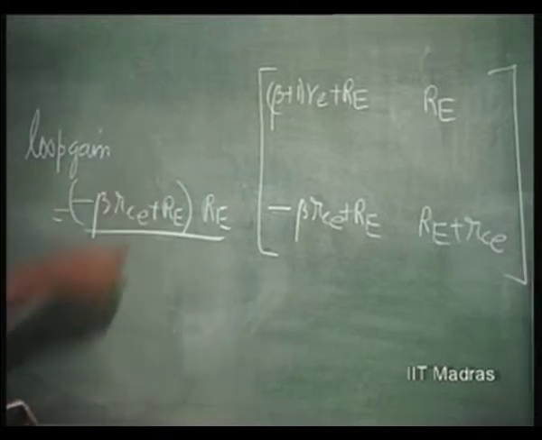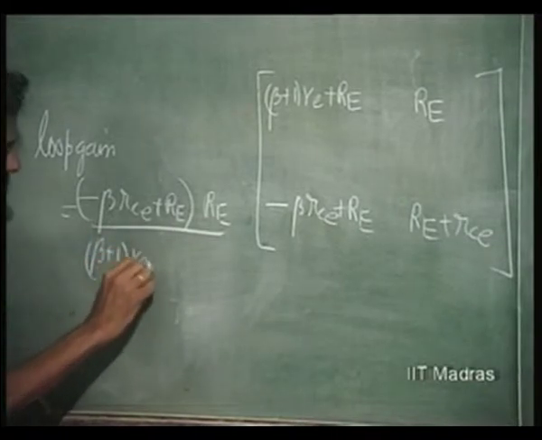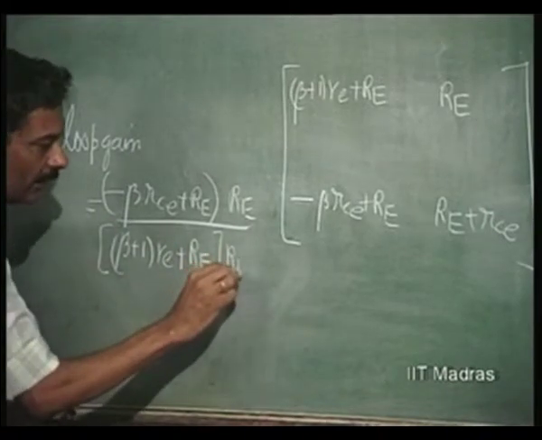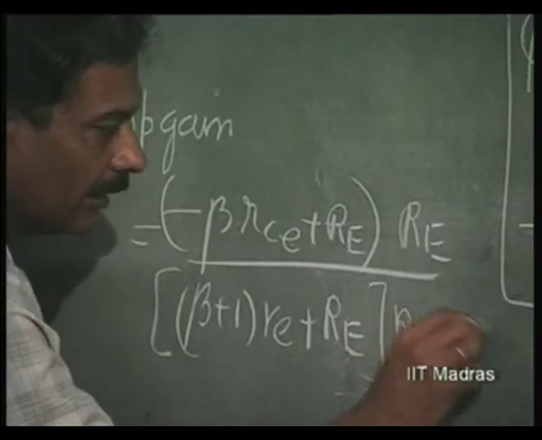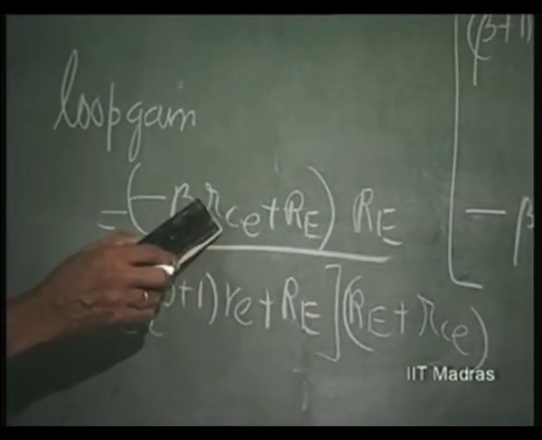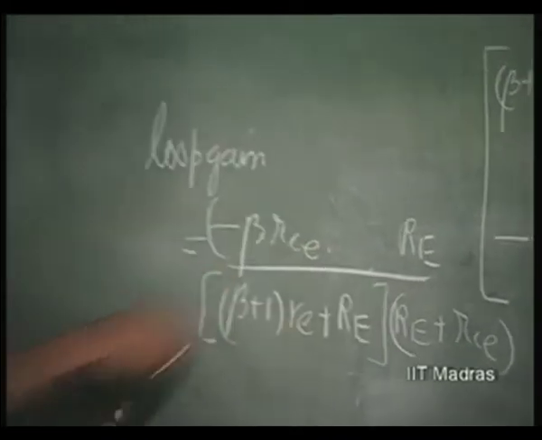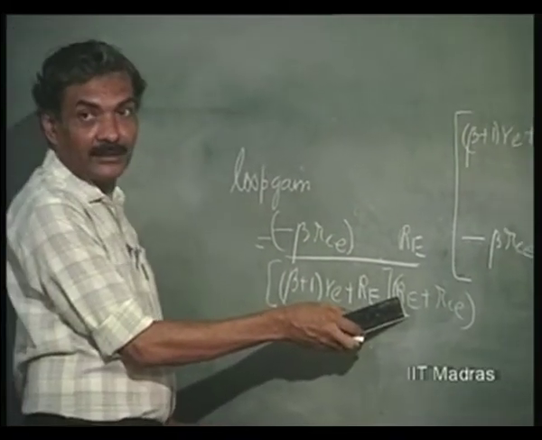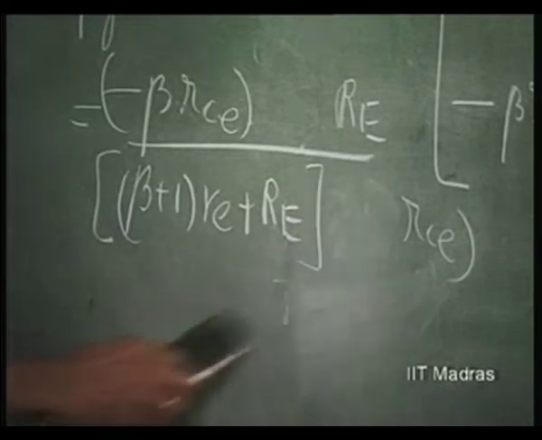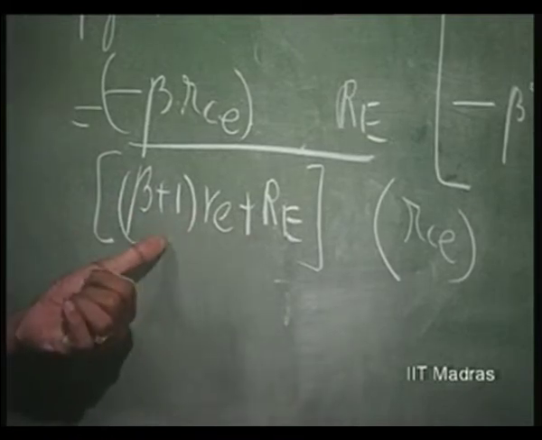So, you can neglect this, divided by beta plus 1 times Re plus capital Re, whole thing into Re plus RCE. Once again, how to neglect? This is large compared to this, neglect this. Re is small compared to RCE, neglect this. Here we cannot say anything about this, it may be of the same order of magnitude.